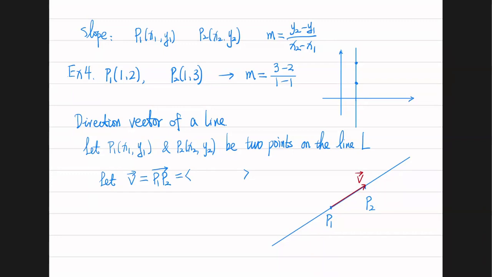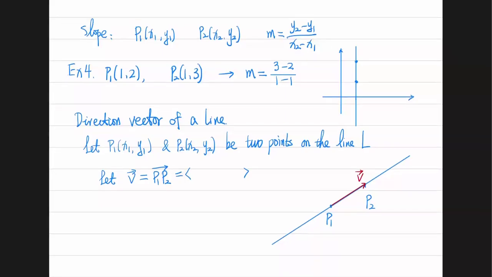Okay, George. You use x2 minus x1 and y2 minus y1. The displacement. Okay, so we call this a direction vector of the line.